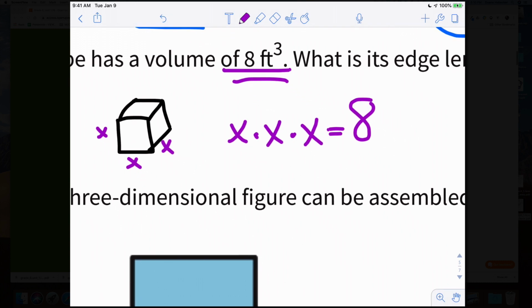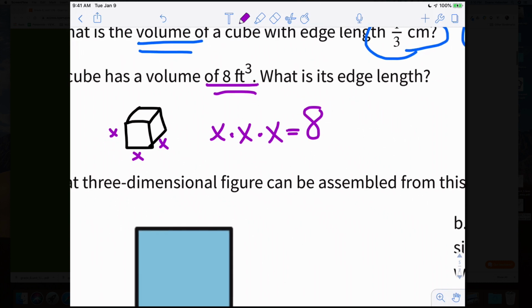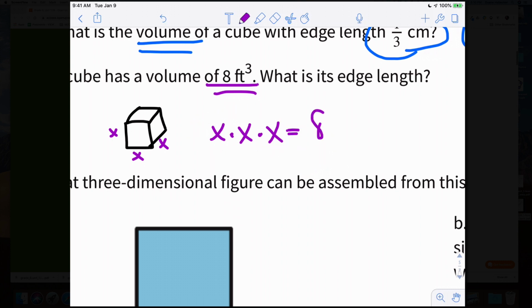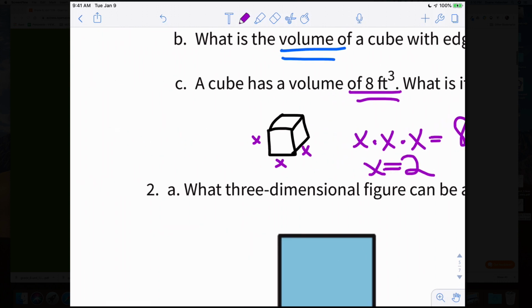So the only number where you multiply it by itself 3 times to get 8, the only way that's possible, is if x is equal to 2. So each edge length is 2 feet.